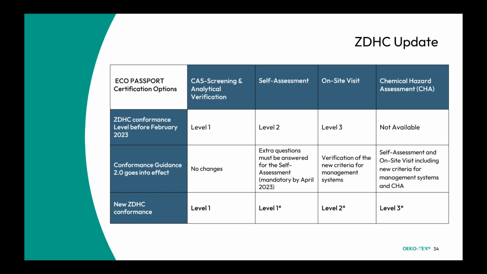The chemical hazard assessment is now part of the self-assessment and on-site visit. We've included the new criteria for management systems and the chemical hazard assessment. This was not available before February 2023. As of February, this will be available, and this will lead to ZDHC conformance level 3.